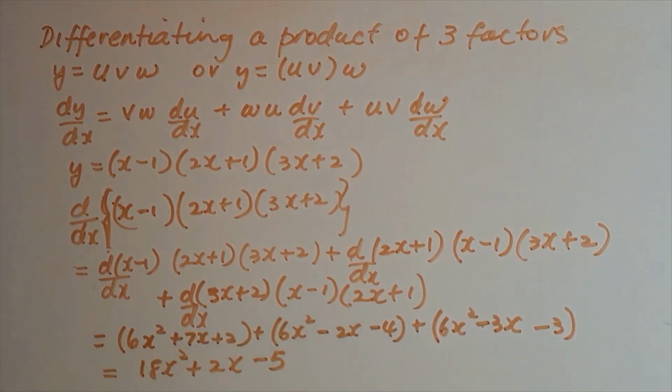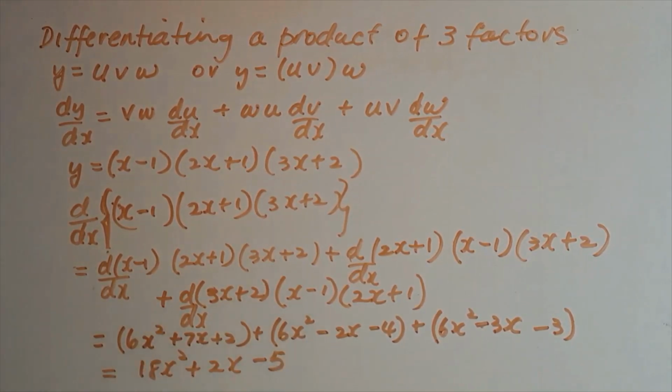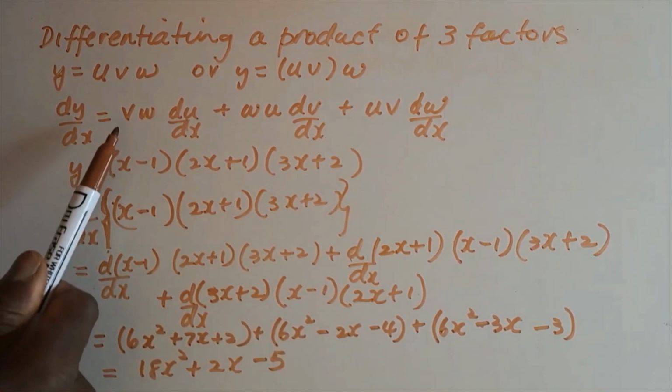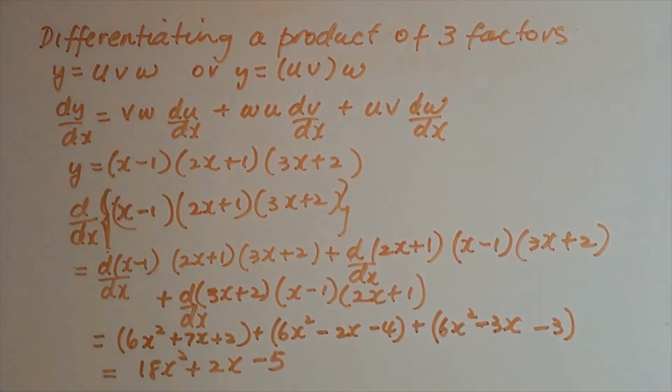And there you have it. You just need to be careful with your algebra. If you look at more than two terms, applying the product rule, in this case we use it for 3 factors, and this can be extended to any number of factors.